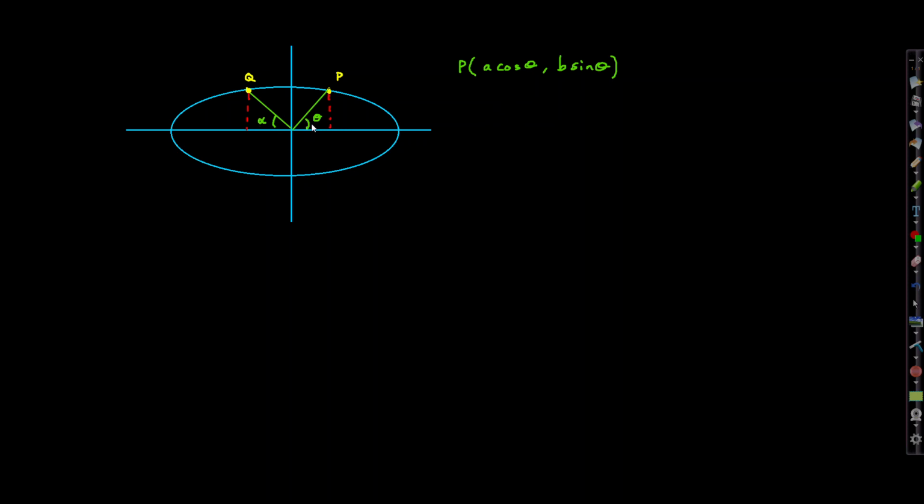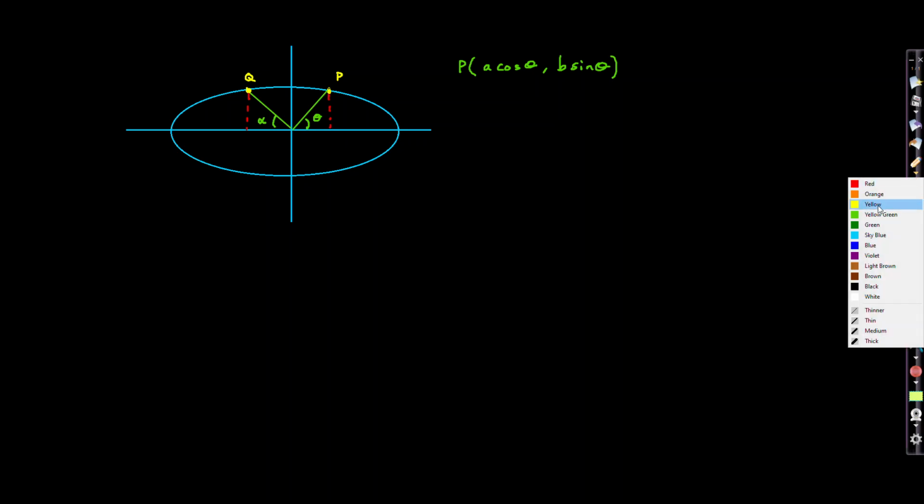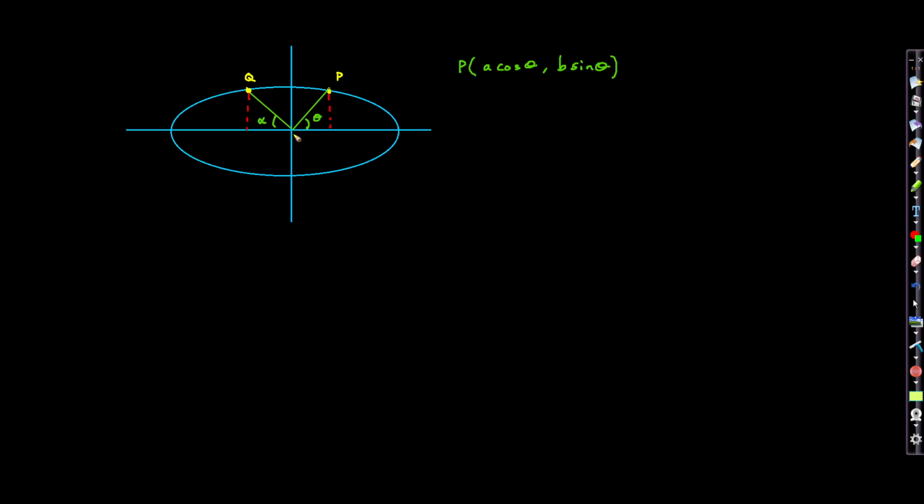as a bit of a clue for this question, you know that the line from O to P, let me put that point O in there, the line from O to P and the line from O to Q are at right angles to each other. Now, what does that mean?